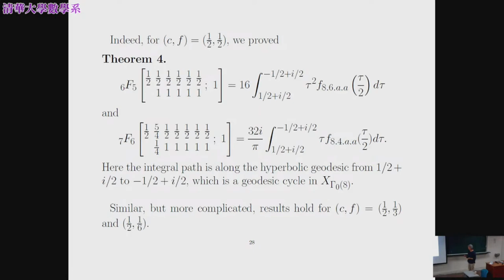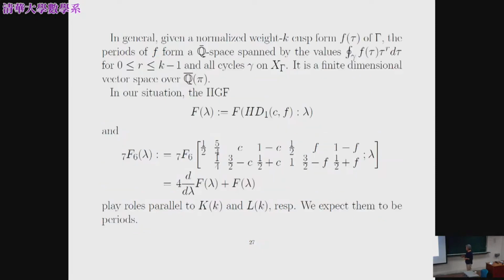Indeed, for the case where the parameters are 1/2, 1/2, we have shown that this 6F5, with all the 1/2s on the top row and all the ones on the second row at 1, is indeed a period. It corresponds to the modular form F of weight 6, level 8, which showed up before.